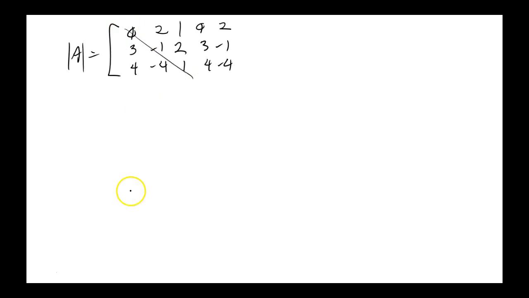What's the first give us? First down diagonal is what? 0. You're absolutely right. Next down diagonal. 16.